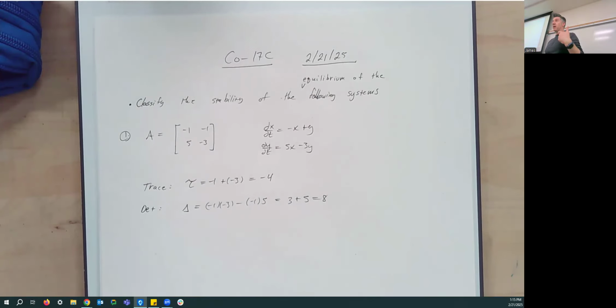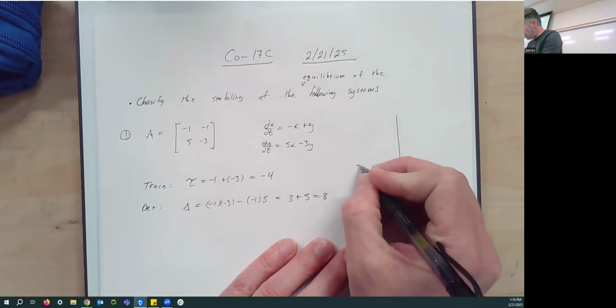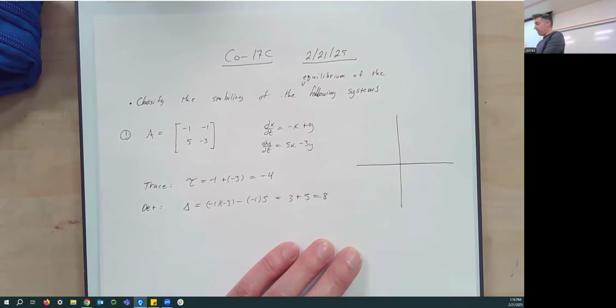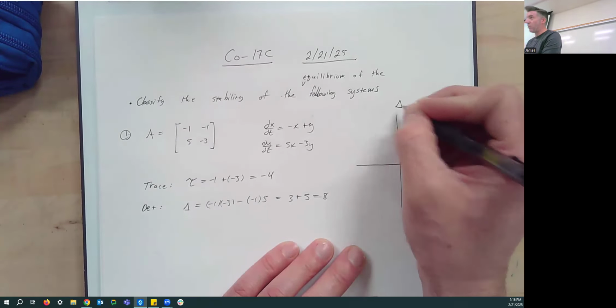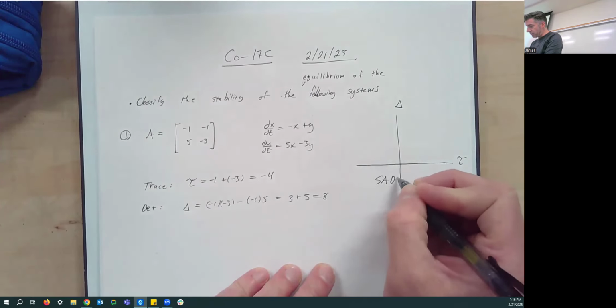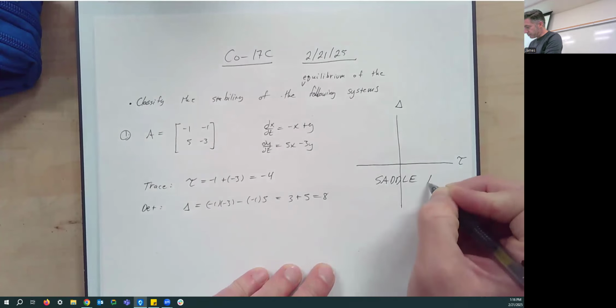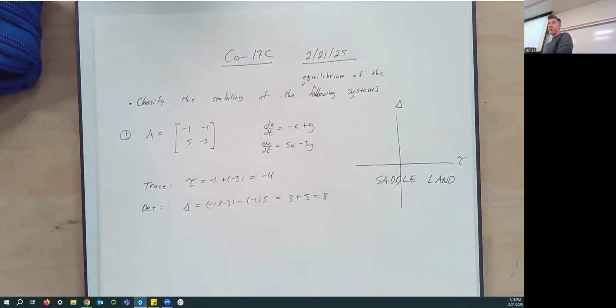So if your determinant's negative, saddle. I'll remind you of the picture we drew last time at the very end, where we talked about how if you have the trace on the x-axis and the determinant on the y-axis, down here is saddle land, what I like to call it, where the determinant's negative.